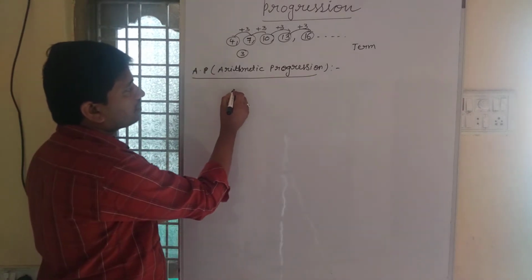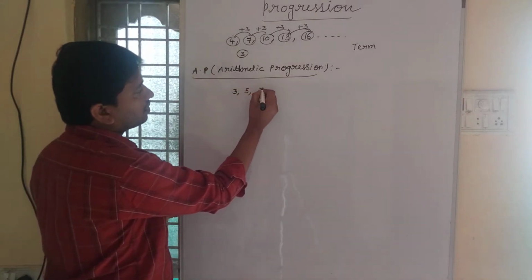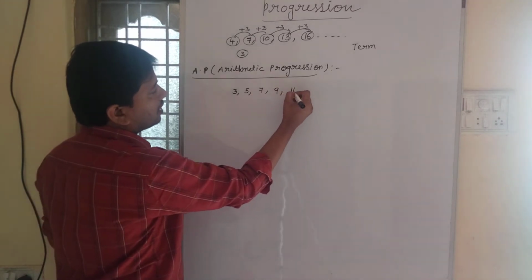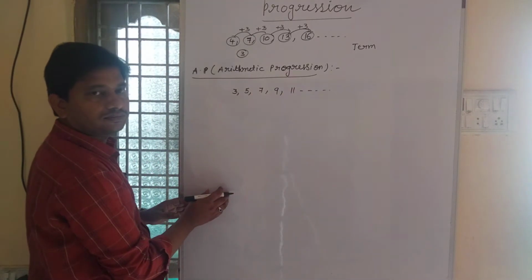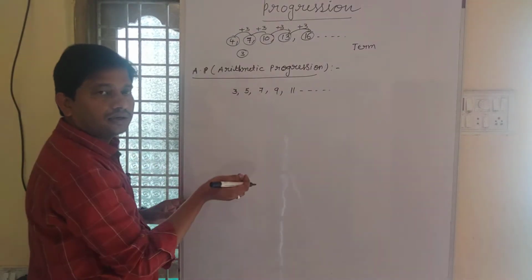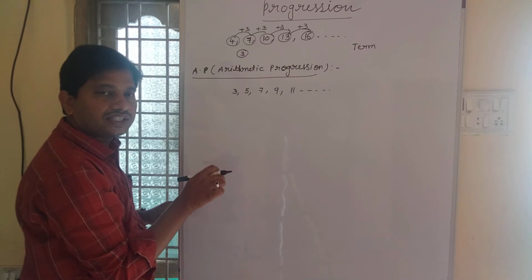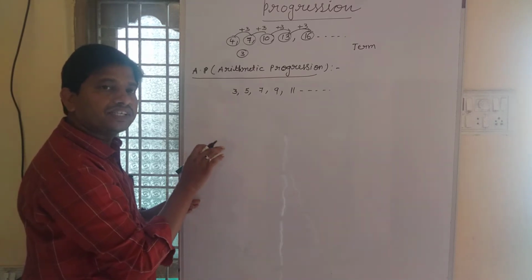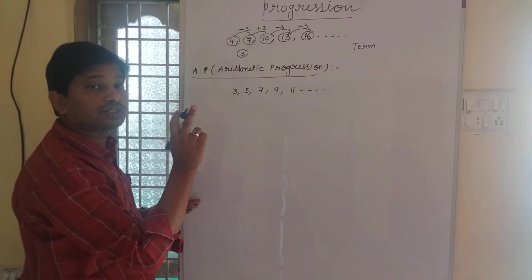It is a sequence of numbers. For example, 3, 5, 7, 9, 11 and so on, in which each term is obtained by adding a fixed number to the preceding term except the first term.